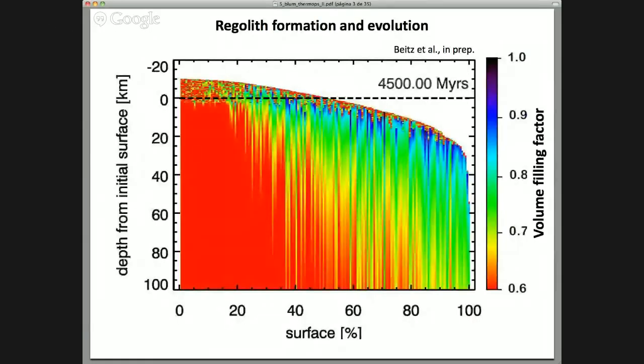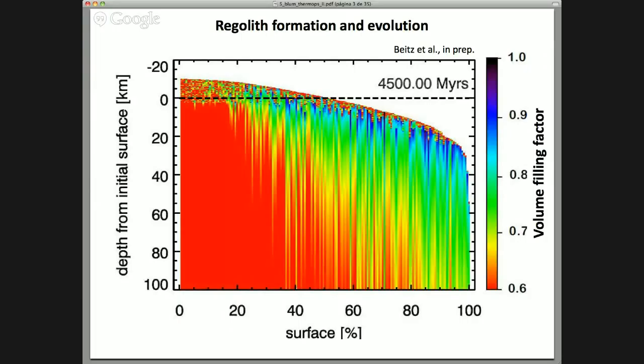That's the dense packing of the material it formed out of. This is 100% of the surface, so take like 10,000 elements, do a statistical analysis. Initially, it's the dashed line here, so it's a spherical body. And then we let it evolve by impacts from meteorites of all sizes between 10 centimeters and a catastrophic impact.